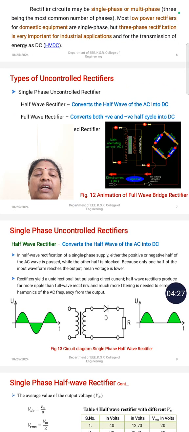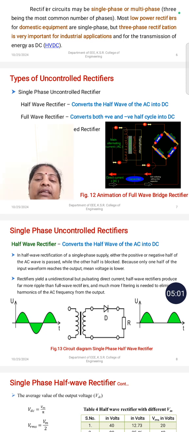In the single phase uncontrolled rectifier, the half wave rectifier converts only half of the AC wave into DC. In half wave rectification of a single phase AC supply, either the positive or negative half of the AC wave is passed while the other half is blocked. Only the positive half cycle of the wave is processed and the negative half cycle is blocked, because only one half of the input waveform reaches the output, so the mean voltage is lower.